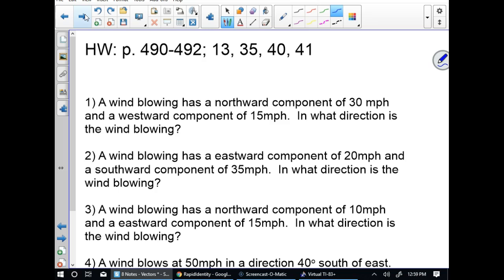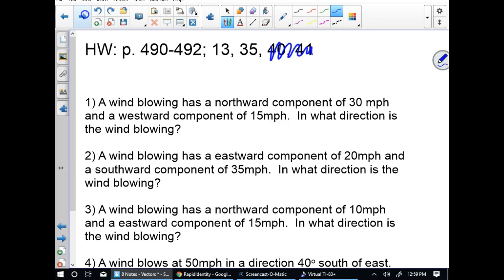All right, so let's see, 13. Yes, 35. Okay, 40. We're not going to do 40 or 41 yet.